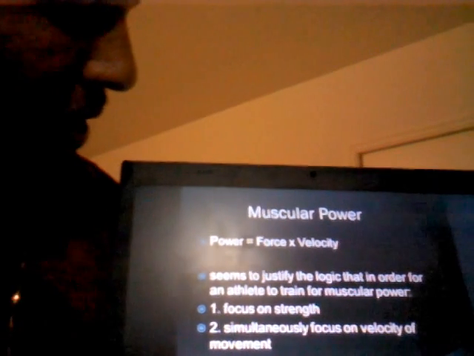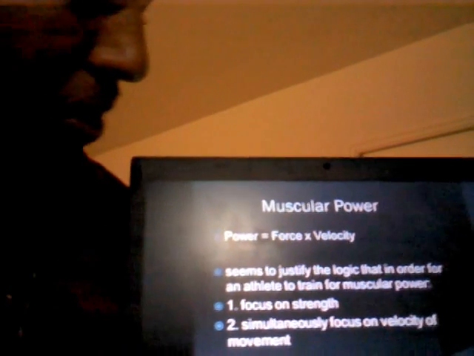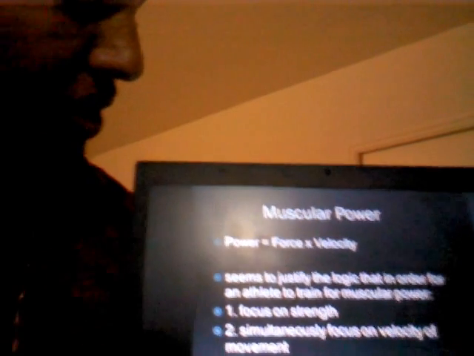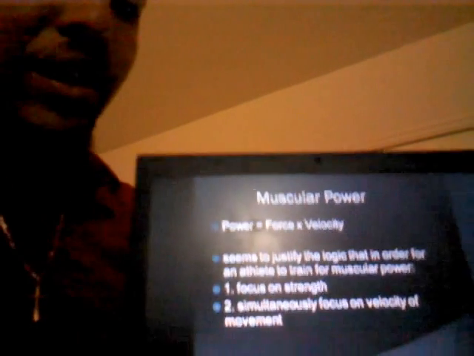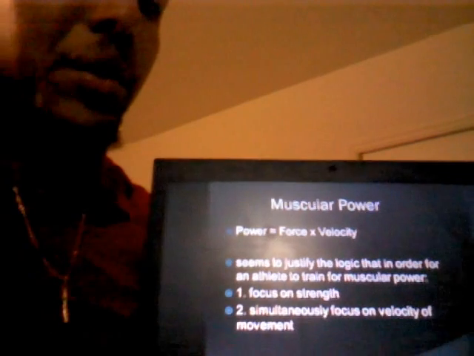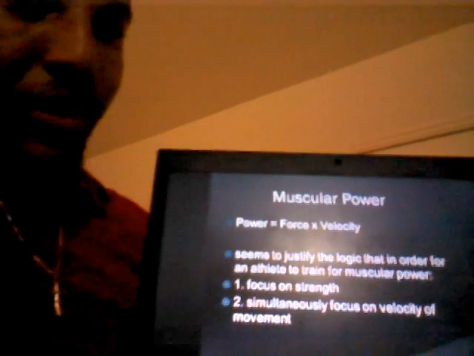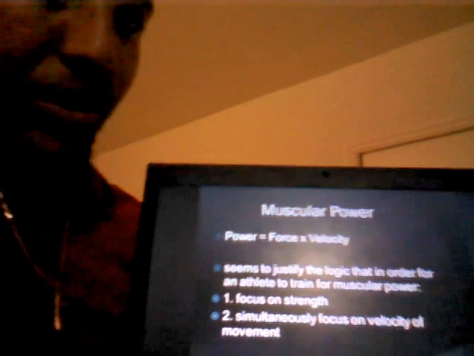I think typically it's power equals work over time, but after a couple of conversions you could get this formula, and this formula is actually a little bit easier to apply to real world scenarios, at least in sports.